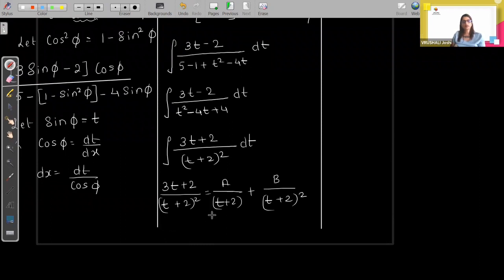So we can say taking t, okay, इससे पहले क्रॉस मल्टीप्लाई करते हैं. क्रॉस मल्टीप्लाई करने के बाद हमारे पास आएगा 3t plus 2 is equal to, देखो यहाँ पे आपको सिर्फ a को multiply करना है, b को कुछ नहीं करना है ना, आपका b तो ऐसे ही clear है because LCM आपका उतना ही आएगा, correct? So this is going to be a into t plus 2 plus b. Perfect. Denominator will go away because the denominator will be what? It will be 2 plus t. I hope you guys are getting it.